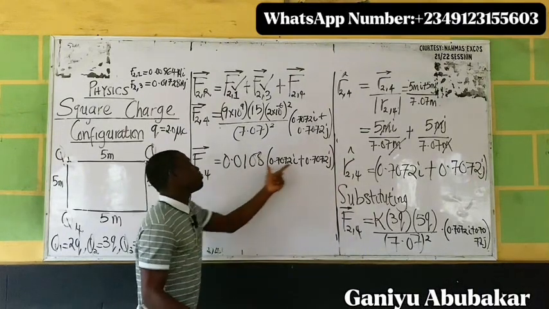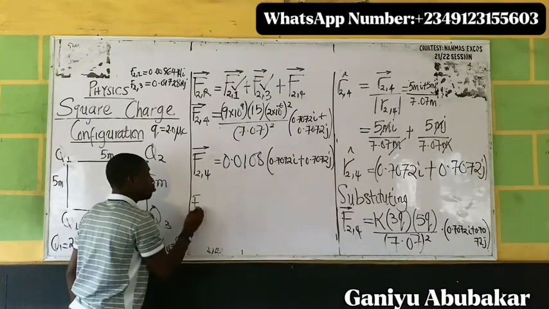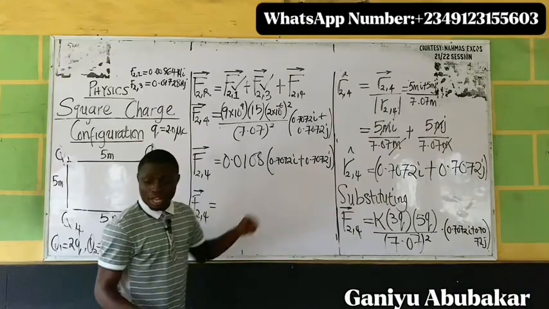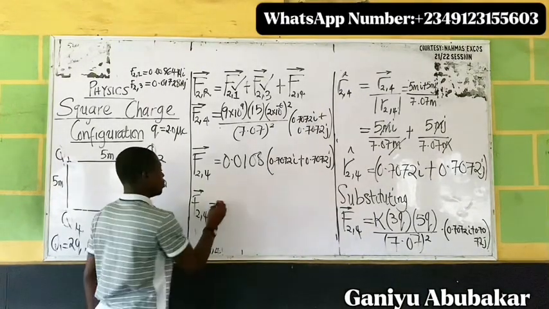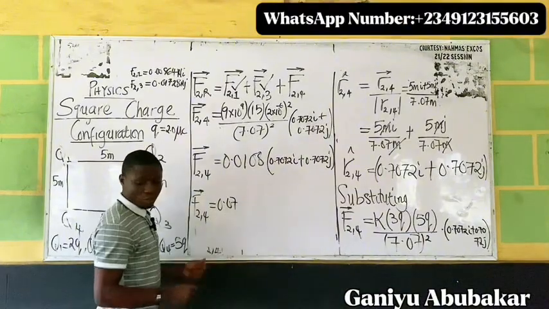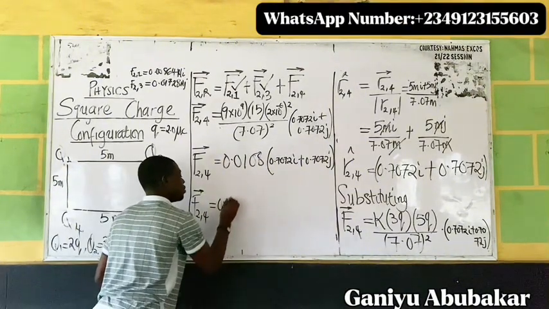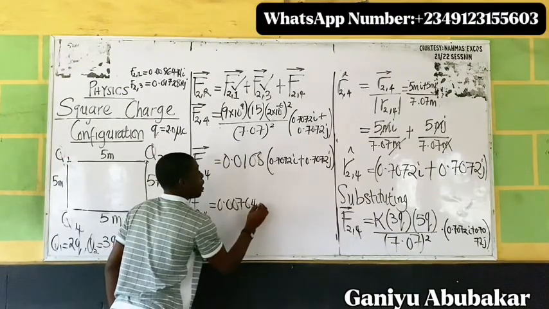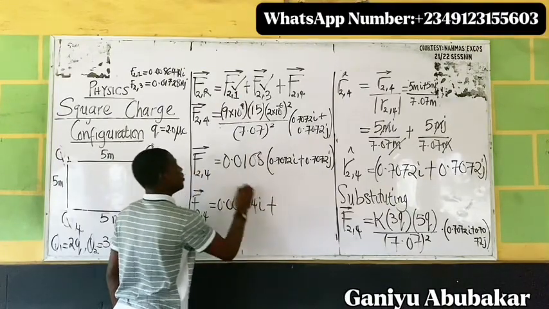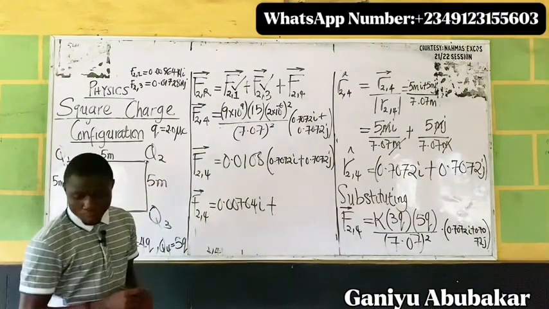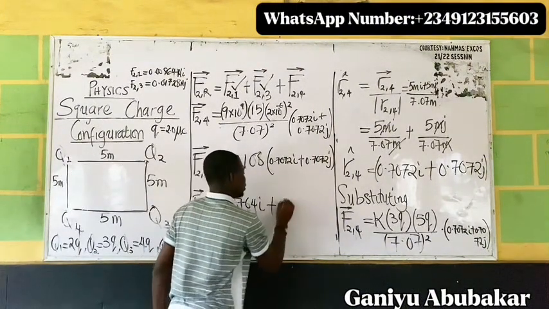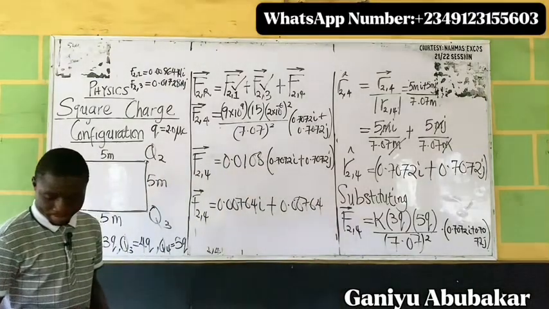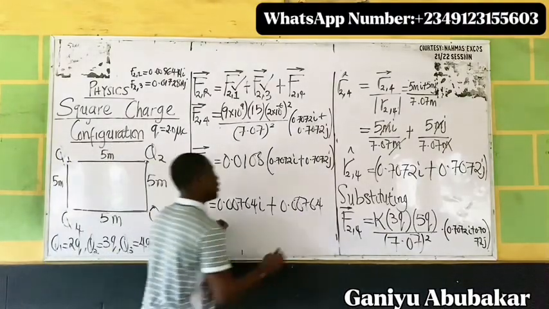So this one times this, F24 is now equal to 0.00764 I, plus this times this gives 0.00764 J.